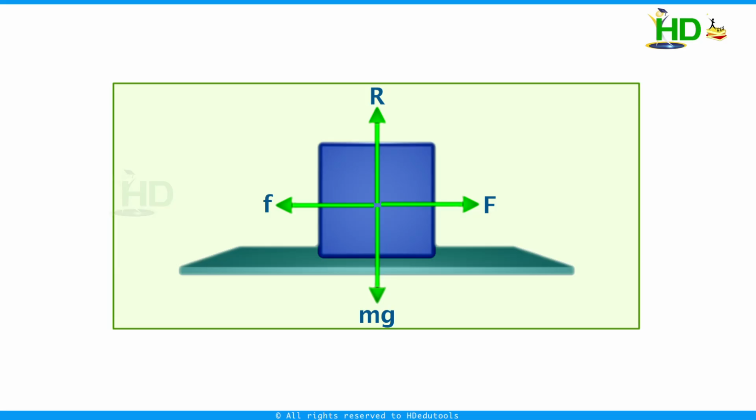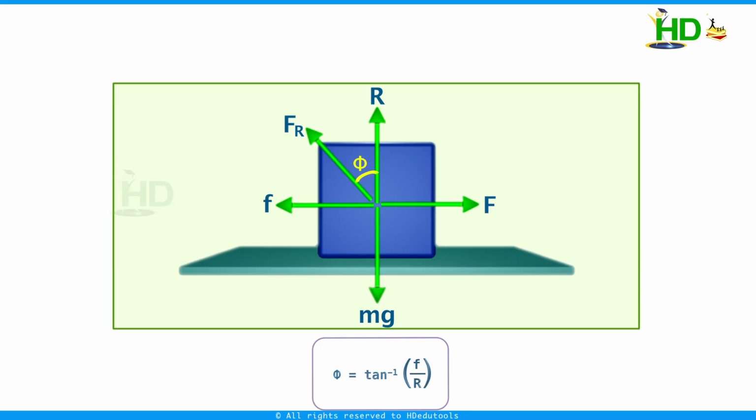Now the resultant of normal reaction and frictional force is along this direction. The angle between these two is known as the angle of friction. The angle of friction is nothing but the angle made by the resultant of normal reaction and frictional force with the normal reaction.